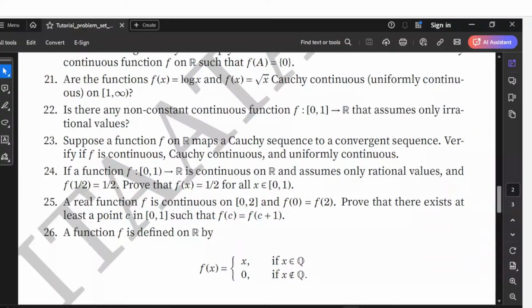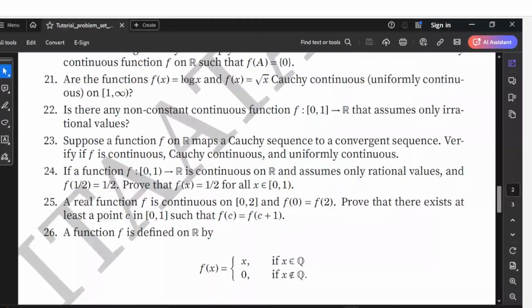Verify if it is continuous on the whole of R. So continuous means what? Let c be a point. We have a convergent sequence to that point. Now a convergent sequence is a Cauchy sequence, and a Cauchy sequence maps, in this case, to a convergent sequence.